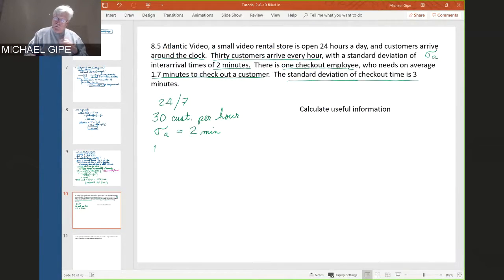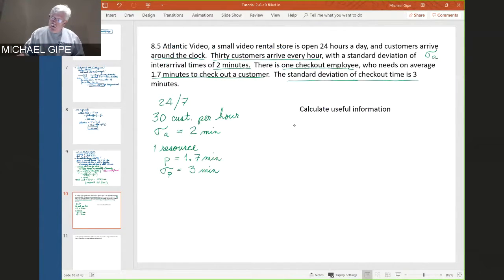We have one resource available to do the processing. The processing time takes 1.7 minutes on average, and a standard deviation for that processing time of 3 minutes. So you can see there's a pretty wide variation there. Let's calculate some useful information. I know we're going to need it.